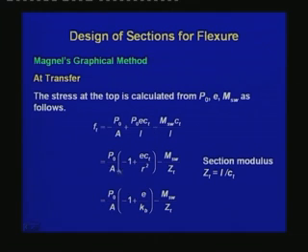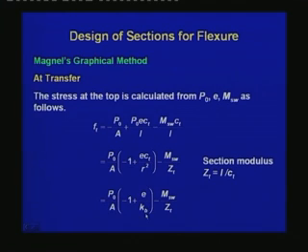First, we are grouping the terms with P0 together, and also with the term with the self-weight moment, we are substituting the section modulus Zt, which is equal to I divided by Ct. And then we can write Ct divided by r square is equal to 1 by Kb.